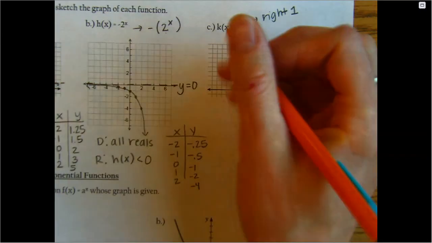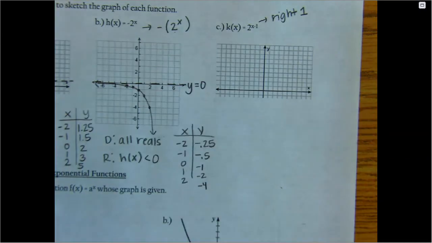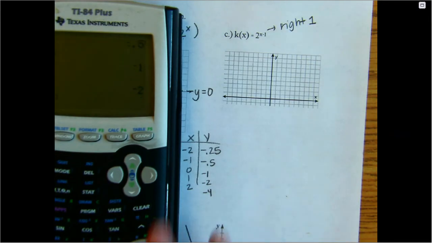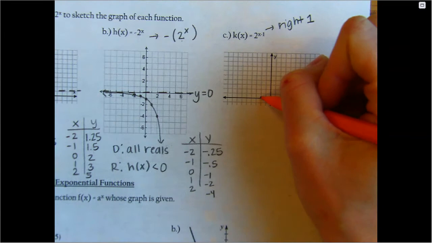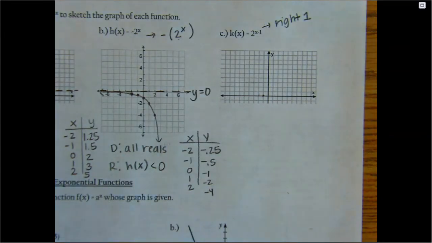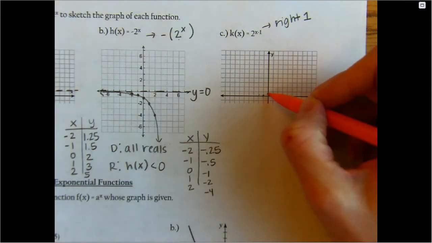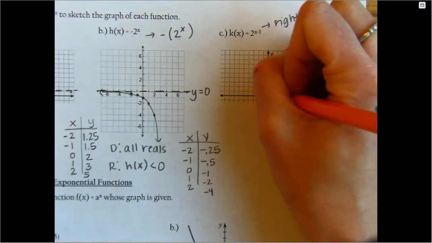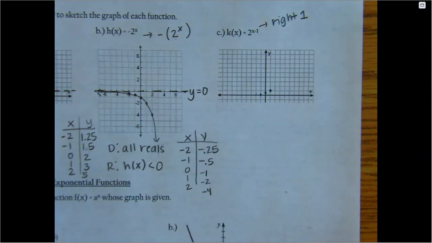Okay, so if you think about it, I know here if I have 2 to the -2nd, that would be a 4th. But now that point's getting shifted right 1. 2 to the -1st is 1/2. That's going to get shifted right 1. My y-intercept is going to get shifted right 1.